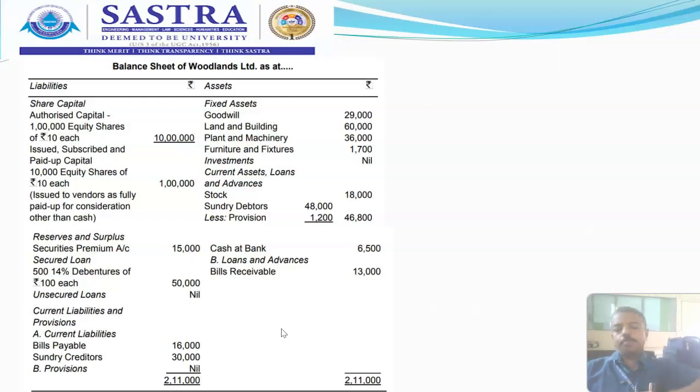So as soon as you complete the preliminary steps, it gives you an input to solve the sum as per the procedure. The first one is calculation of purchase consideration. So now, if you have your proper workings in all the areas, we can straight away calculate the purchase consideration as we have discussed before. So start from the net realizable value of assets.